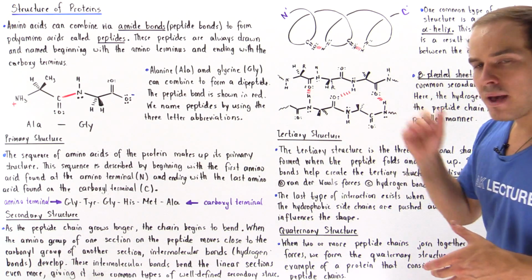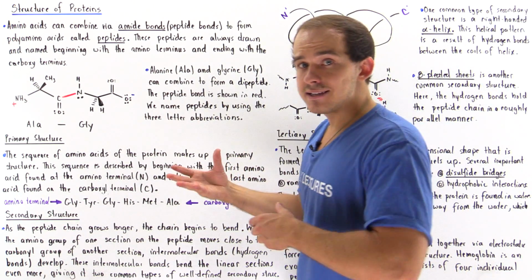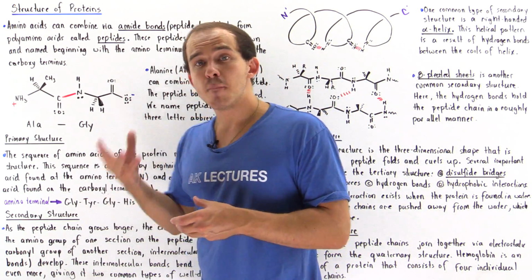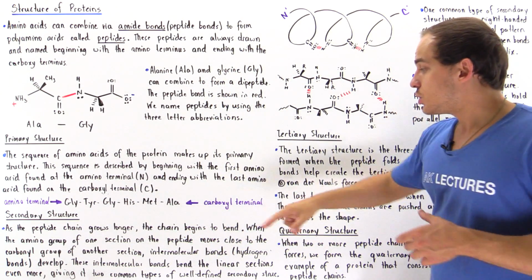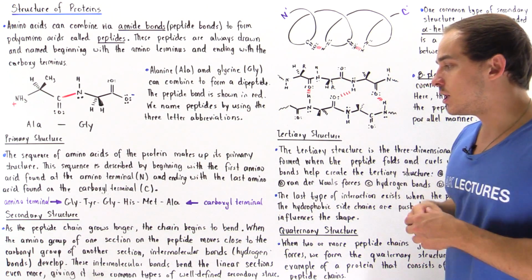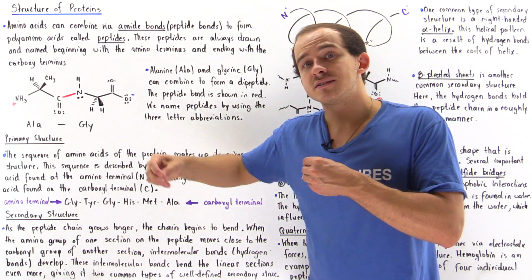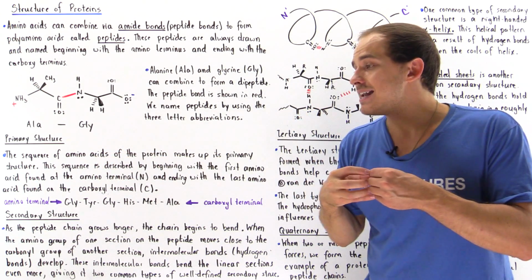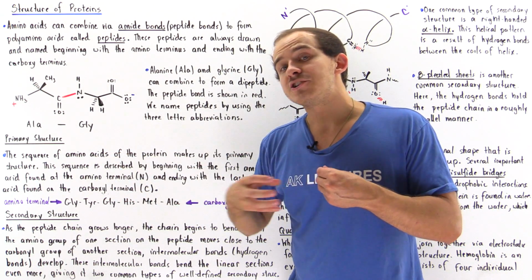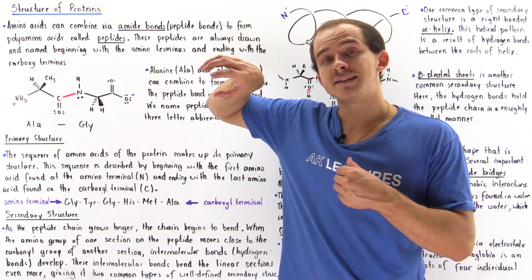Now, as the peptide chain elongates, as it grows, as we add more amino acids to our carboxyl terminal, we basically increase the size of that chain, and as we increase it, that chain can begin to bend.